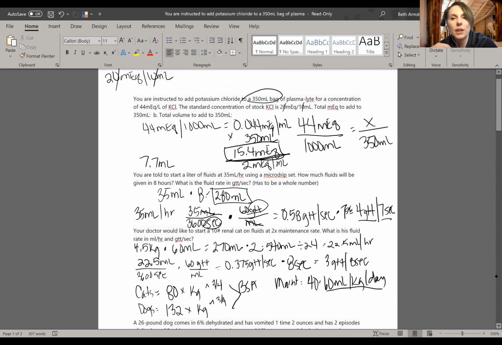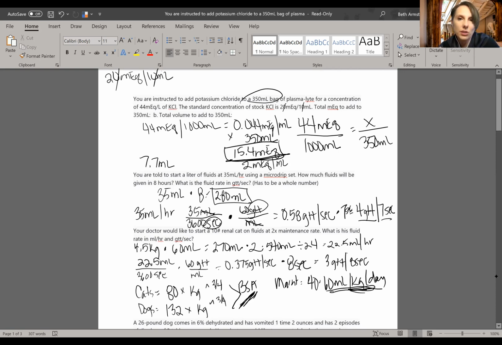It's always dependent on the doctor that you work with, of what formula they want to use. Whenever I've worked with internal medicine doctors, they have used this formula. Typically when I've worked in emergency, they have done 60 mLs per kg per day, just because it is fast and easy to utilize.